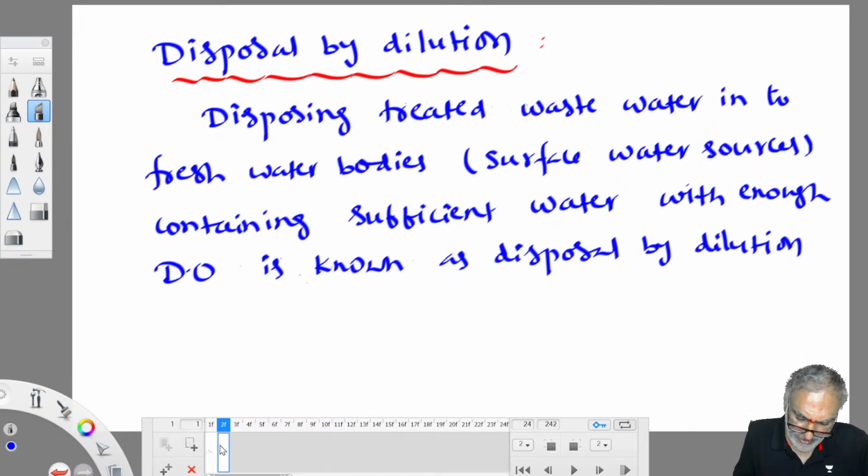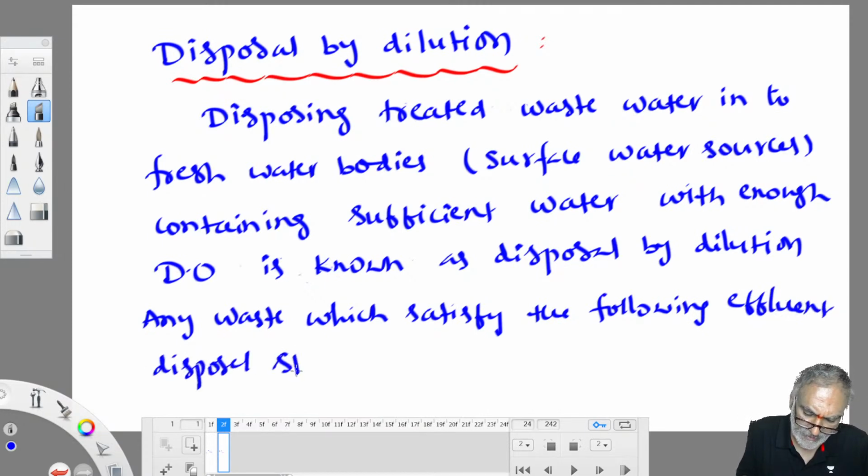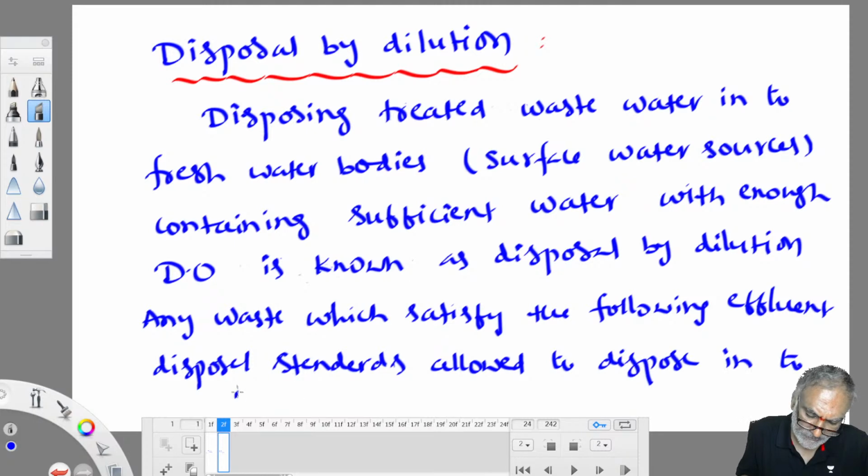So generally the wastewater is allowed to be disposed into a water course if it satisfies the effluent disposal standards set by Government of India. That's called disposal by dilution.